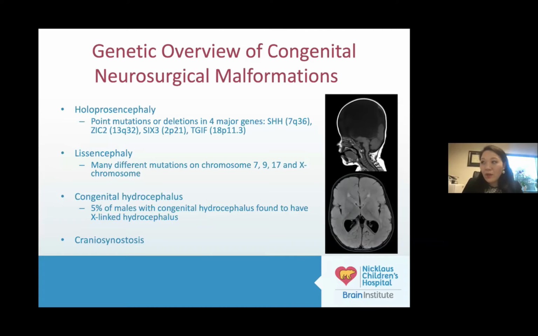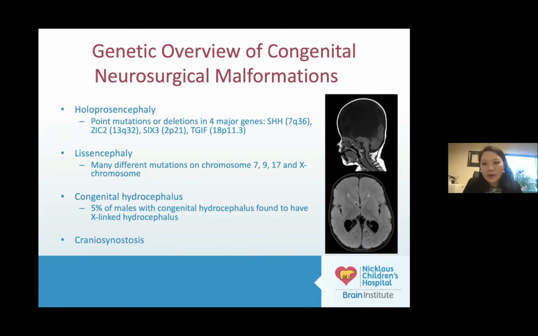We believe that holoprosencephaly results from a multiple hit hypothesis, when a combination of genes are involved, and it tends to be genetically and phenotypically heterogeneous. As you can see here, this is a sagittal MRI of a patient with holoprosencephaly, with very abnormal areas of the brain, of course. Pediatric neurosurgeons can be involved in this disease in order to manage the hydrocephalus, when it comes to performing an ETV-CPC or alternatively a shunt.